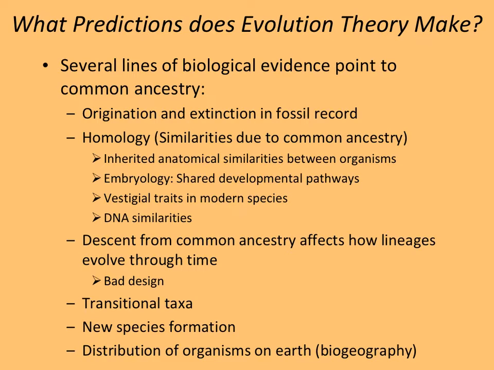All tetrapods, four-legged vertebrates on land, have four limbs, except where they've been lost. And so snakes have lost limbs. Some lizards have actually lost limbs. They look like snakes.